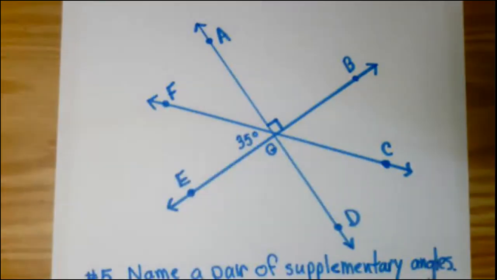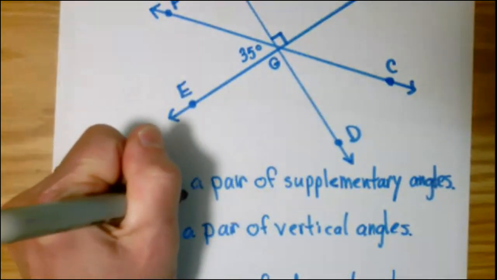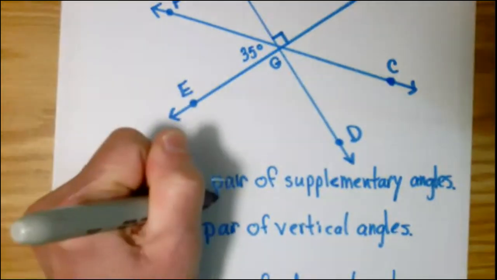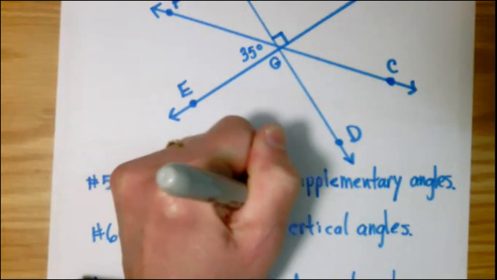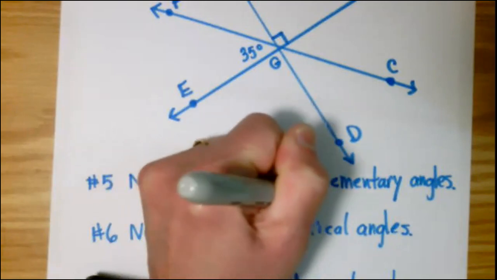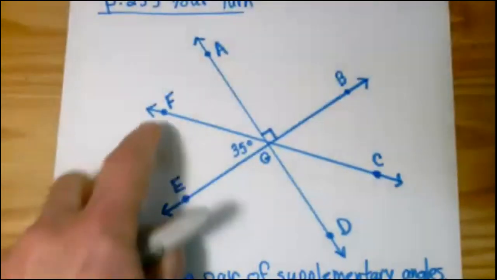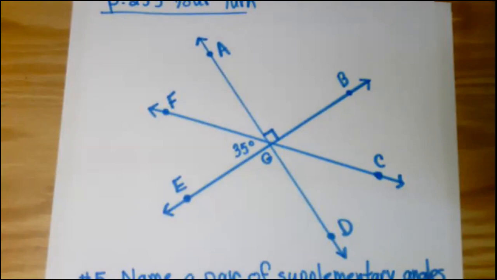So they're supplementary. So we will say that number 5, the pair of supplementary angles is angle FGA and AGC. Okay, FGA and AGC.